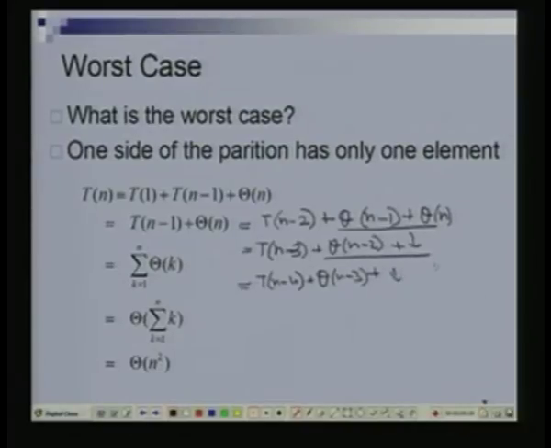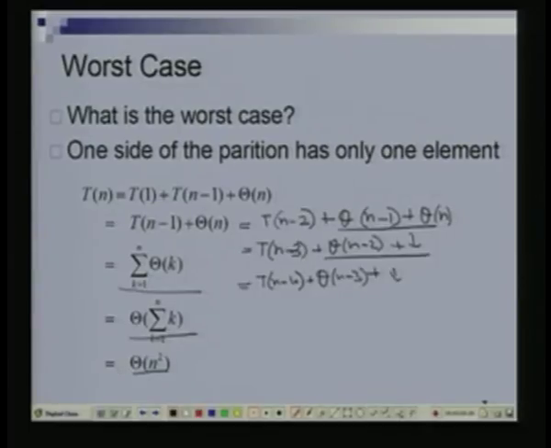So that is all you will get, right. So this is what you get, which is basically theta of n squared. Yeah, n squared, k going from 1 through n, sum of k is just n squared, and so you get theta of n squared, right.